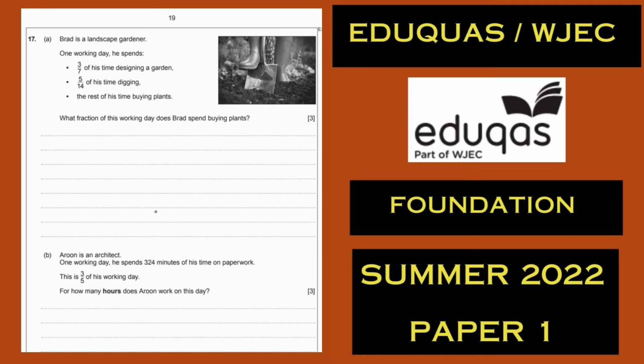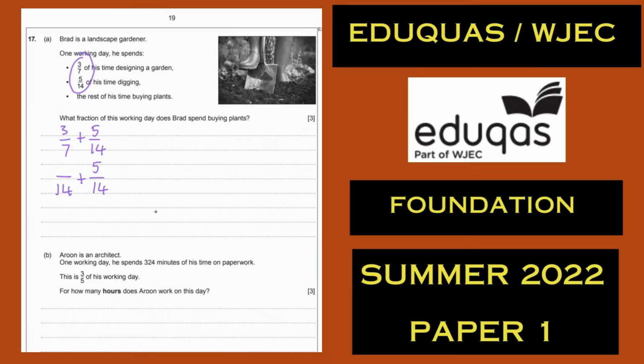Anyway, what fraction of the working day does Brad spend buying plants? Adding these together finds his total time doing other stuff. 7 goes into 14, so there's no need to change the second.